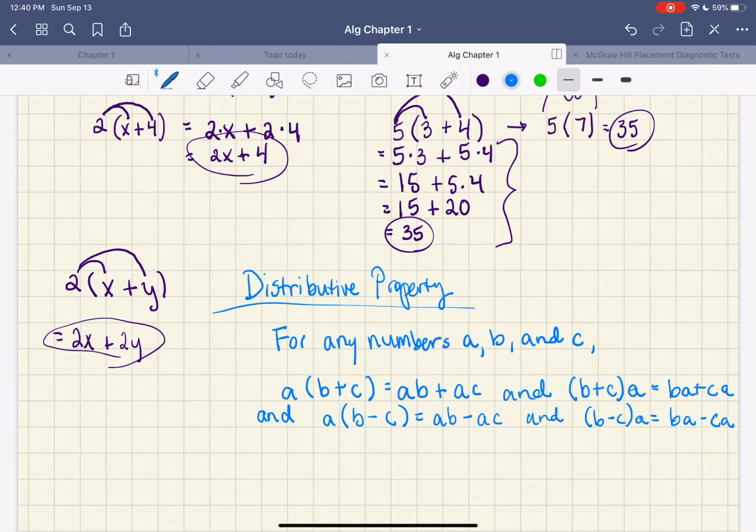So the takeaways from those examples are that the distributive property works with addition and subtraction.